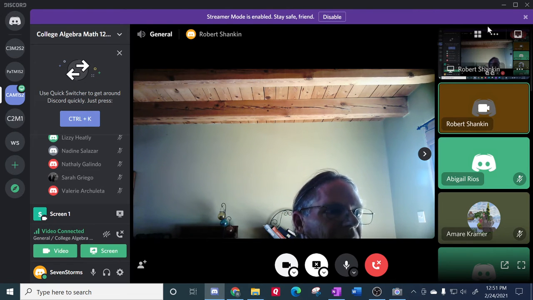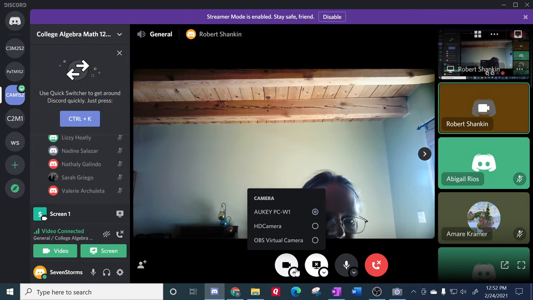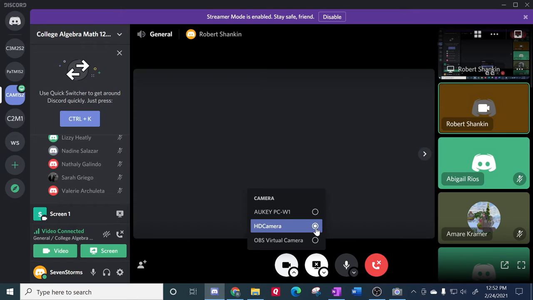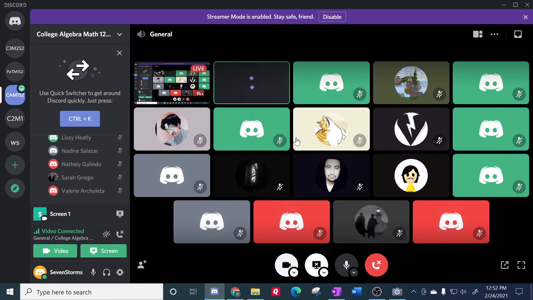Okay. So now I have a document camera, and I'm not seeing how to go to the document camera. Okay, so right beneath where you're kind of seeing your face, there's a camera button, right? It's a drop-down menu, and I want you to select that camera through the drop-down menu right there. That should be the right one.